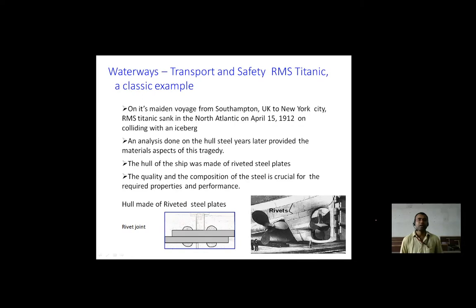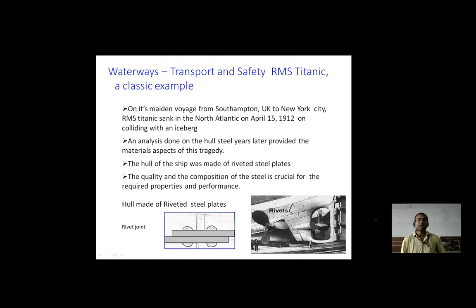After the investigation, of what happened to that particular material after colliding with that iceberg, it was found that the hull of the ship was made of riveted steel plate. And the quality and the composition of steel is crucial for the required properties and the performance.